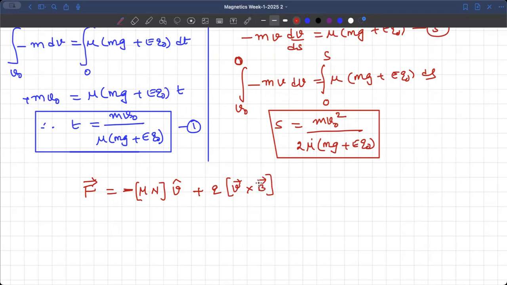This is the net force. Actually, this is the net force. M dV bar by dt is minus mu n, and N is a constant term.